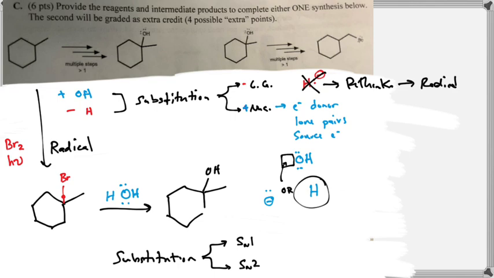It could act as a nucleophile. Why could it act as a nucleophile? Lone pairs. It's not just because it has electrons. Because if I switch this up to this thing that has lone pairs with the electrons and throw that on, that ain't a nucleophile anymore. Why can the hydroxide act as a nucleophile?